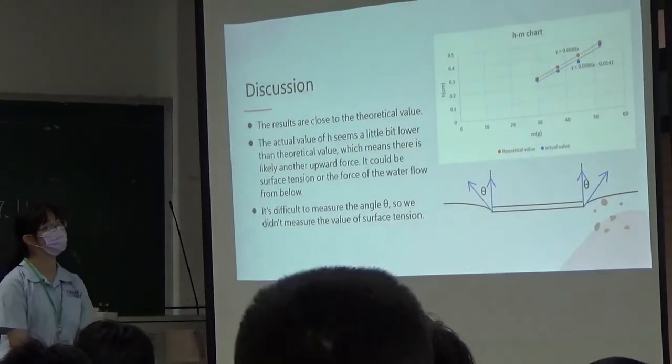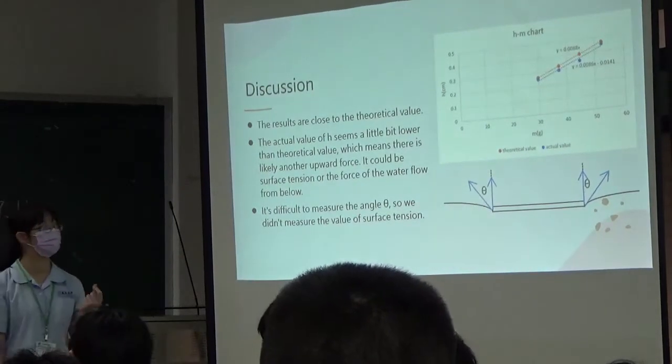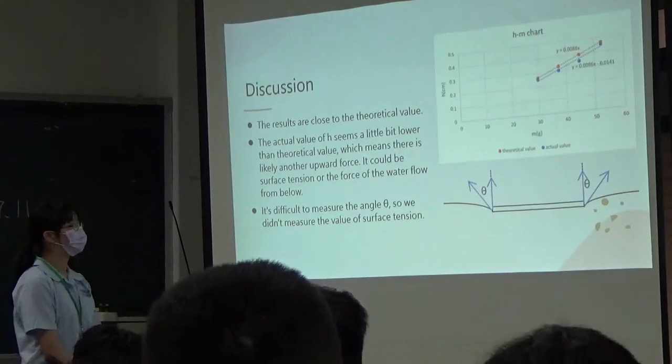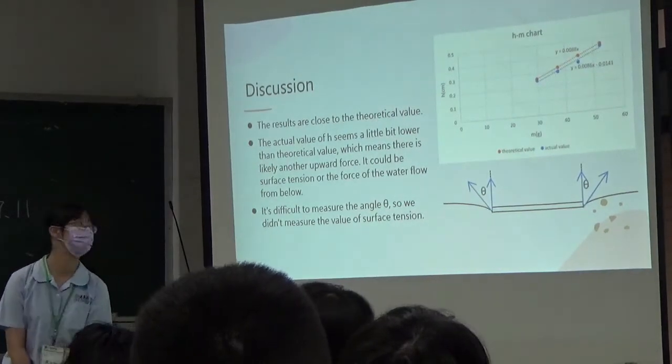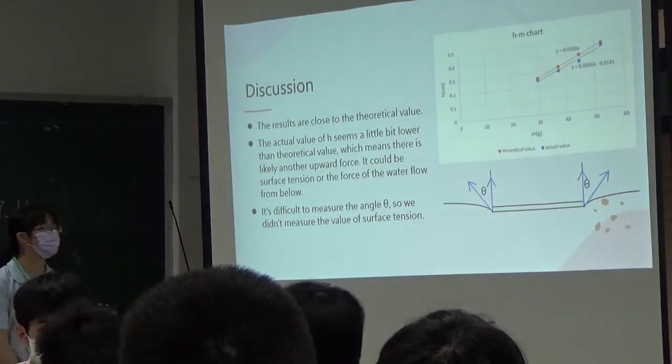The results are close to the theoretical value, but the actual value of h seems always a little bit lower than the theoretical value, which means there is likely another upward force. It could be surface tension or a force of water flow from below.